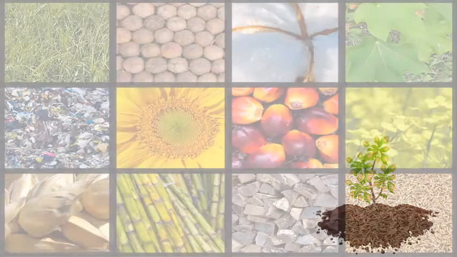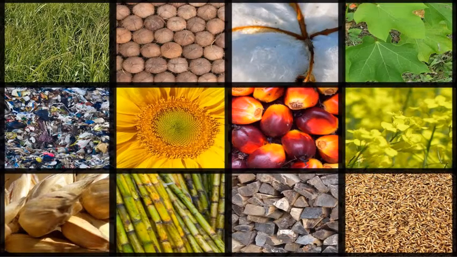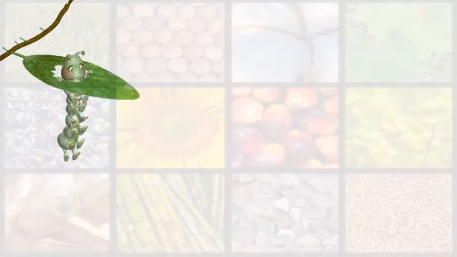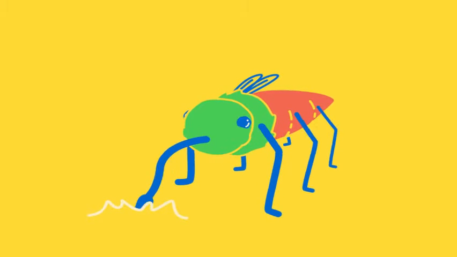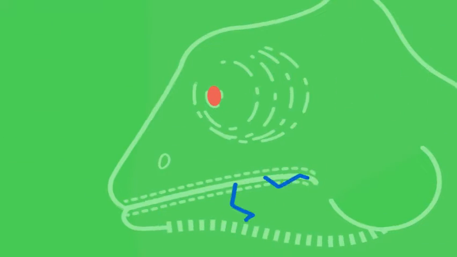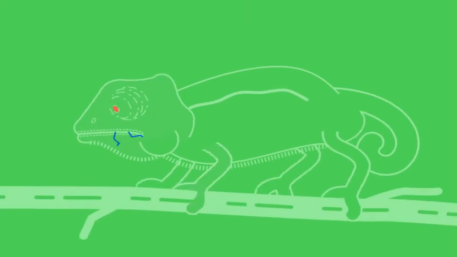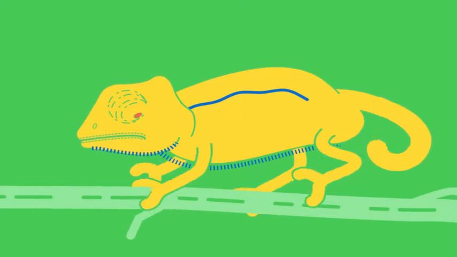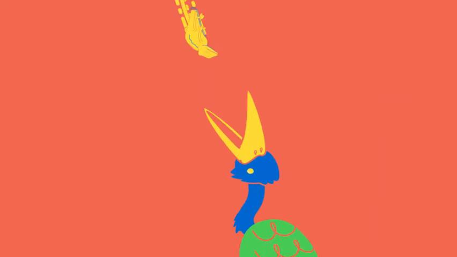Now the energy is transferred from producers to consumers. The primary consumers are herbivores, which feed directly on the green plants, and the secondary consumers or carnivores feed on herbivores and receive energy from the primary consumers.